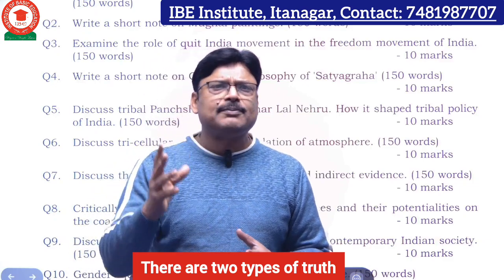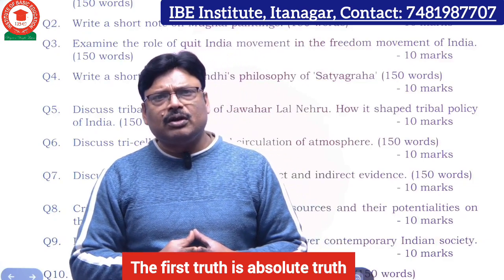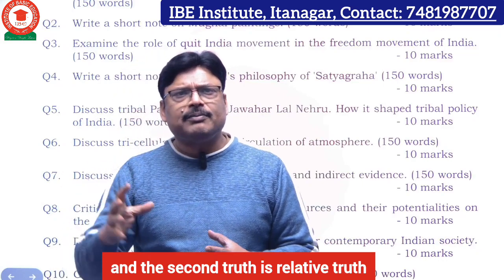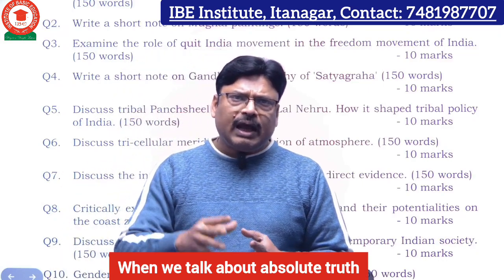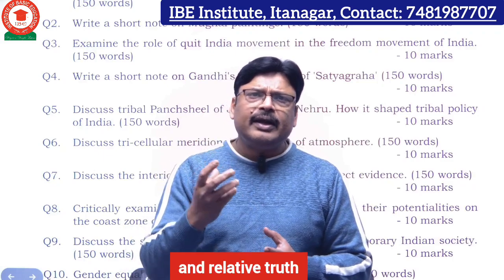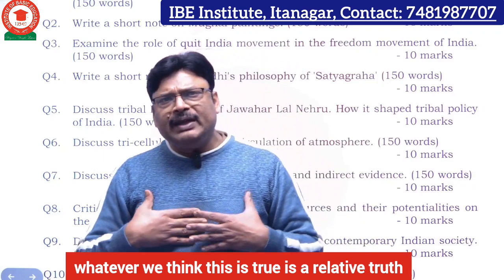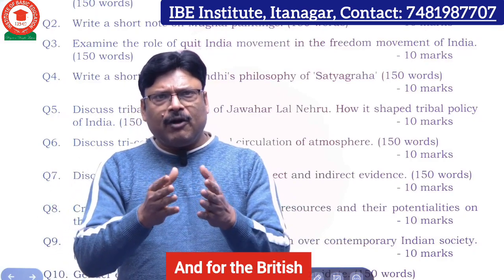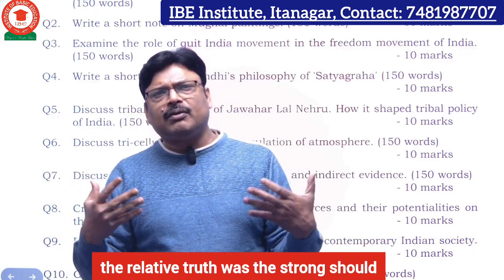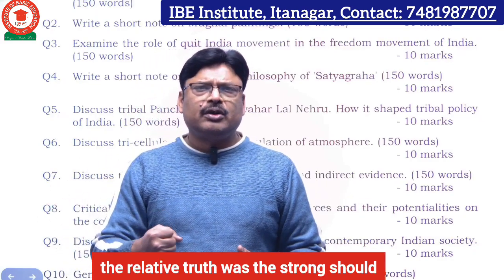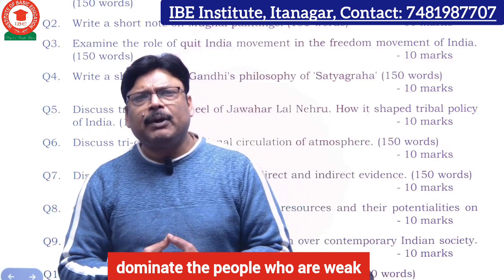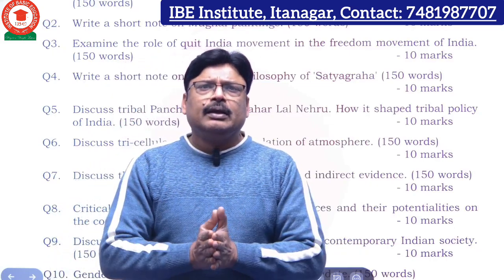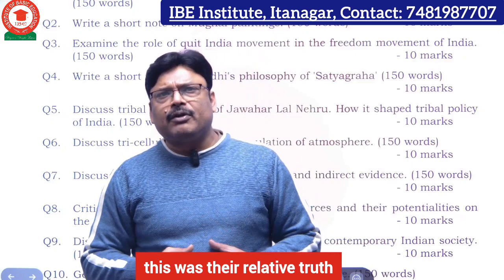There are two types of truth: the first is absolute truth, and the second is relative truth. Whatever we think is true is a relative truth. And for the British, the relative truth was that the strong should dominate the people who are weak. So obviously this was their relative truth.